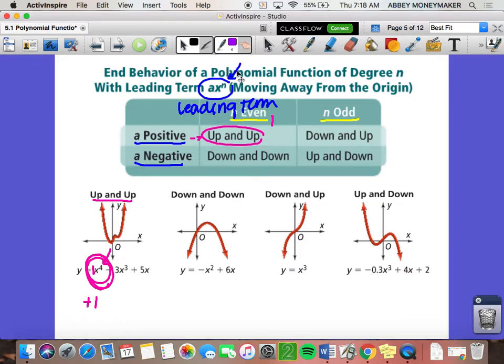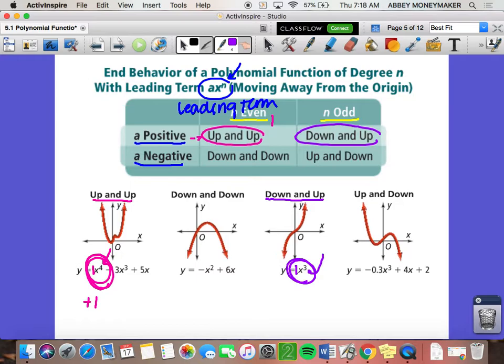Let's look at if your a value is positive, but you have an odd exponent. That would be down, up. And here's an example right here. Your leading term, your a value is 1, it's positive, but your exponent is an odd number. So you know that your graph is down, up.